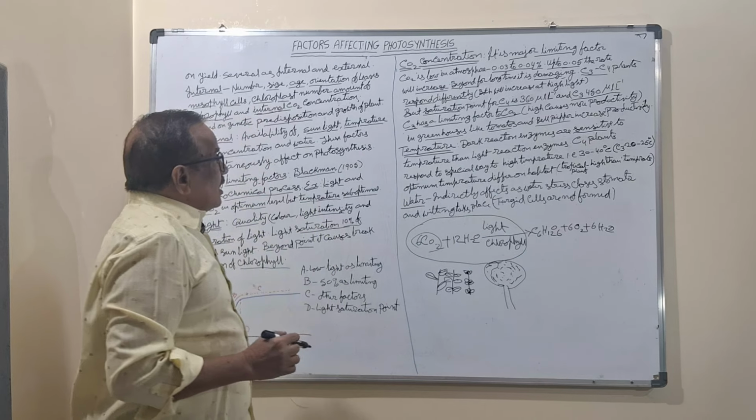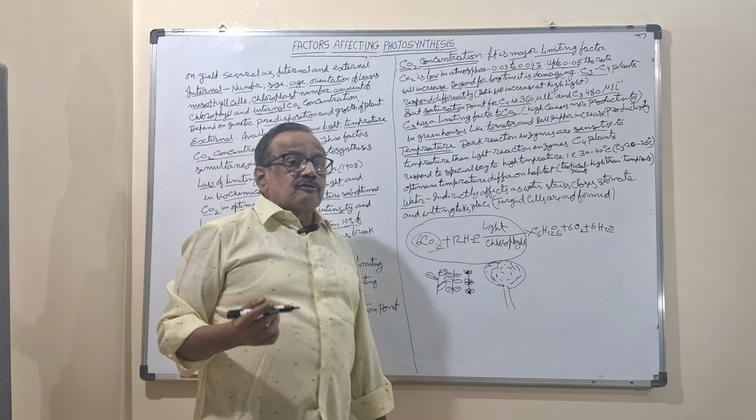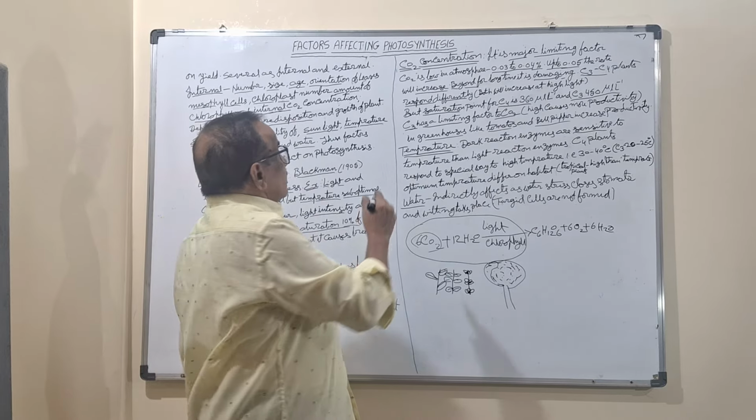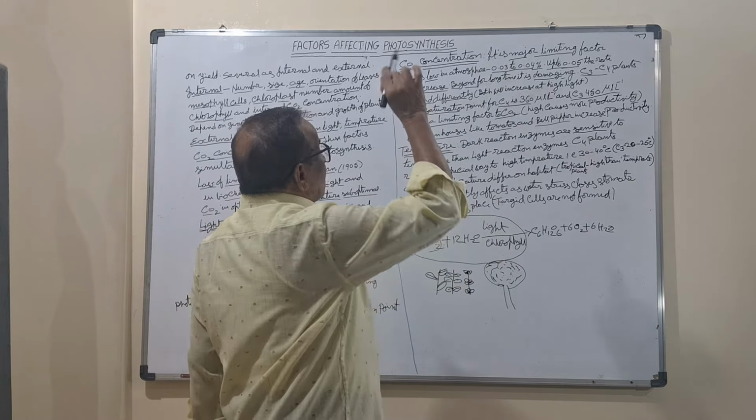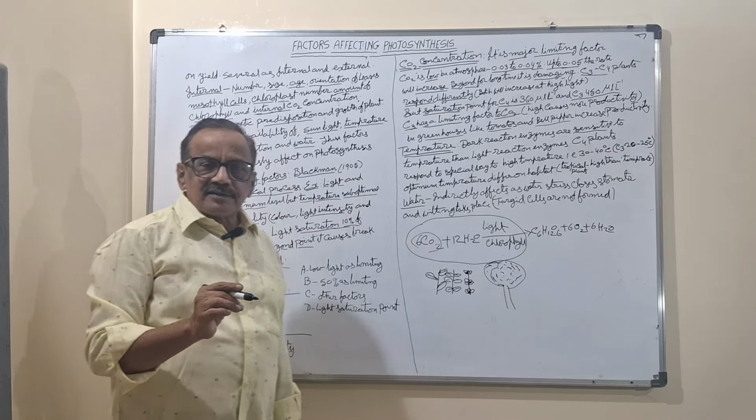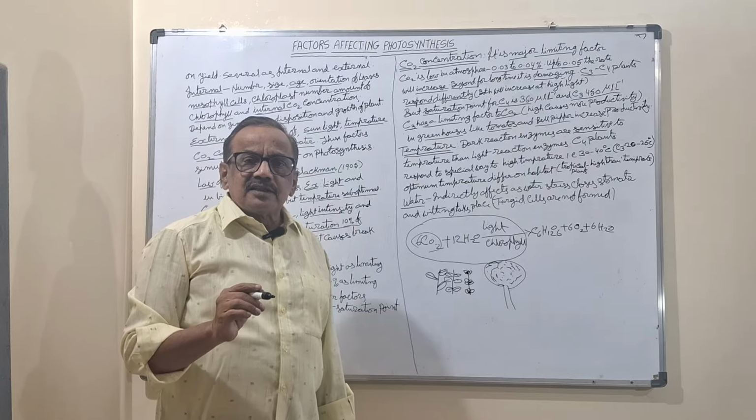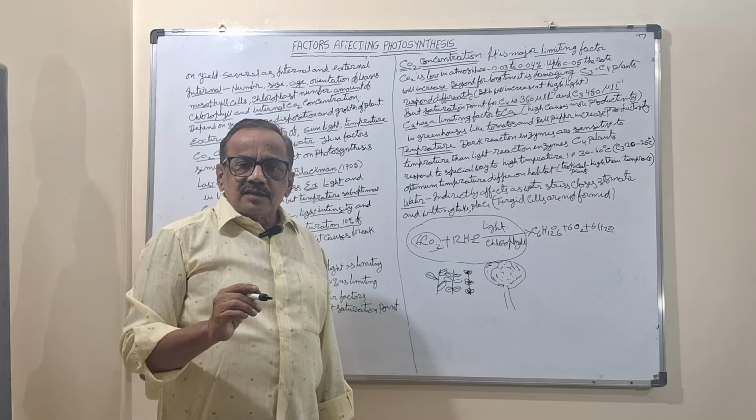Now if you see C3 and C4 plants, they respond differently. Whenever we increase the concentration of carbon dioxide, in C3 plants and in C4 plants also, up to 0.04%, both will increase. No problem, when other factors are optimum.